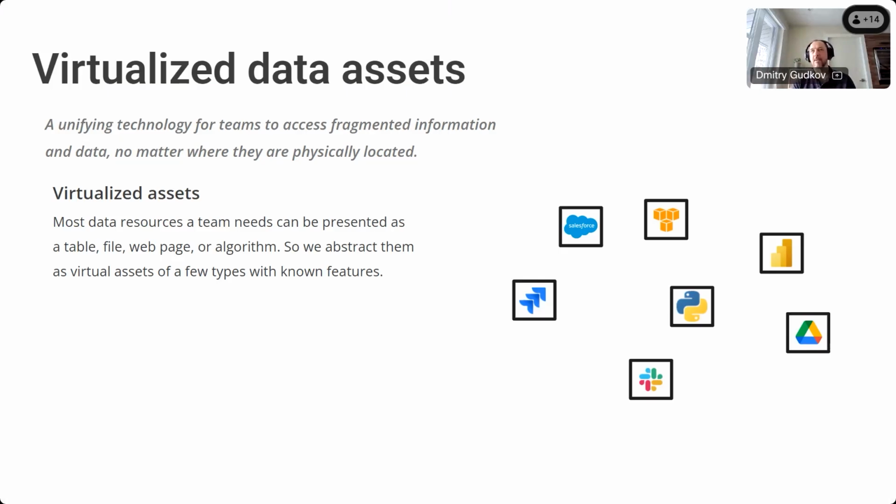That's one example. Another example, let's think about Salesforce. Salesforce is a cloud CRM, but the data in Salesforce is actually tabular data. So there are records organized in tables.